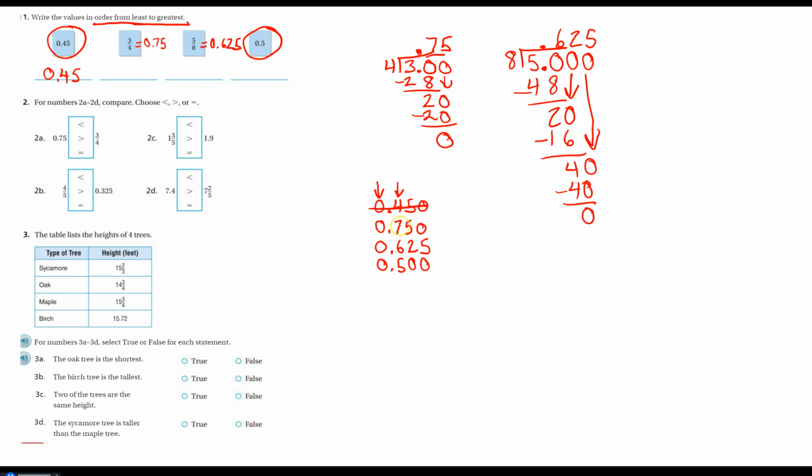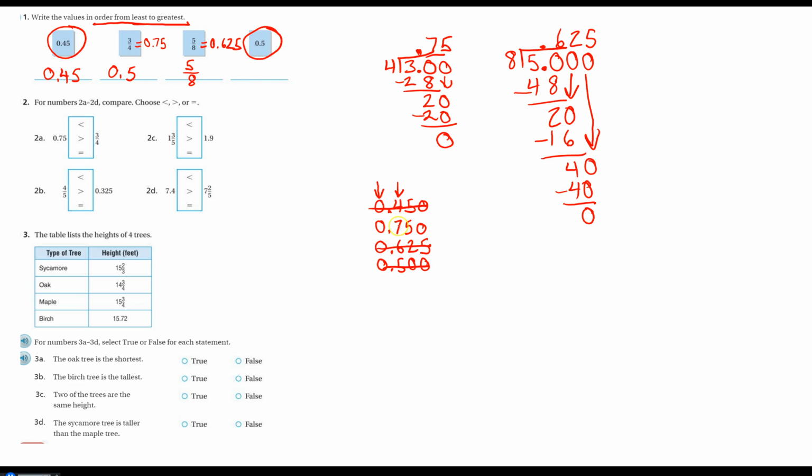Okay, next I look at these now: 7, 6, 5. Well, 5 is the smallest out of those, so that's going to be my next number, 0.5. So I'm done with that. Then 6 and 7. 6 is smaller, and 0.625 was my 5/8. And so I'm done with that.